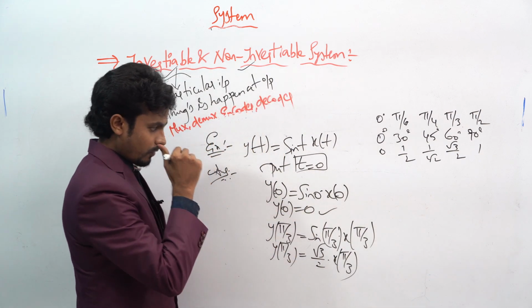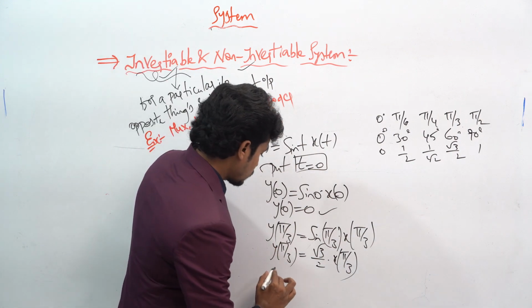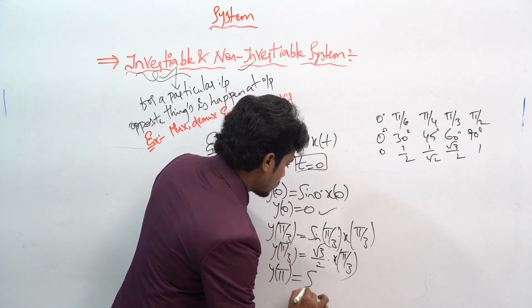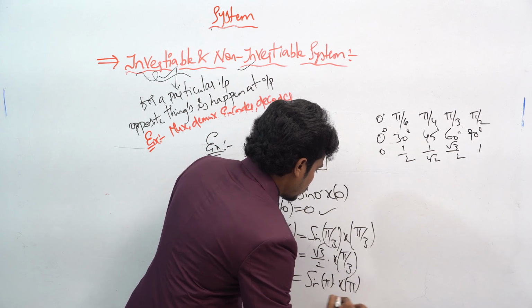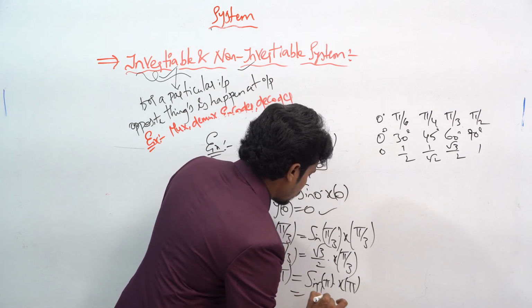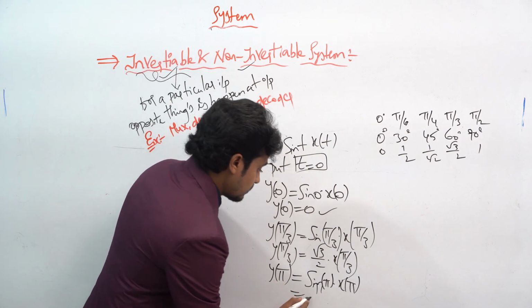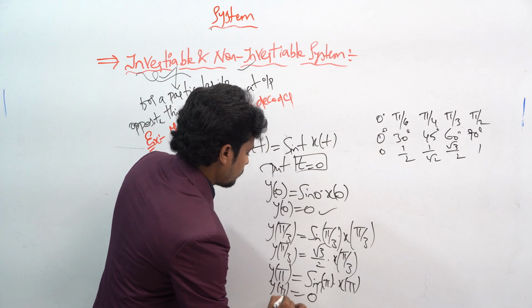For example, if I apply pi, what will happen? This will be sin pi into x of pi. You already know sin pi is 0, so y of pi is 0.